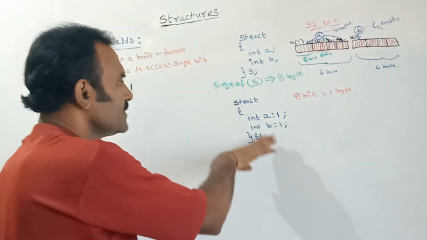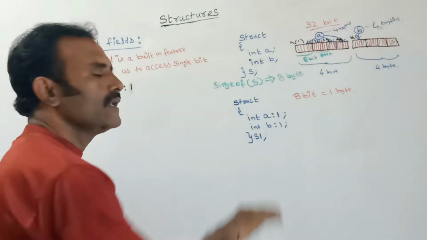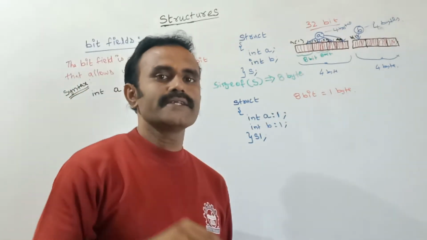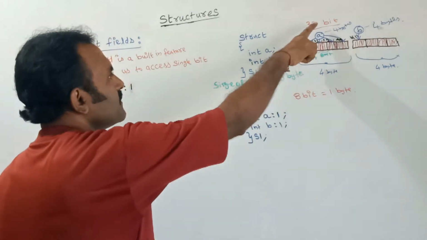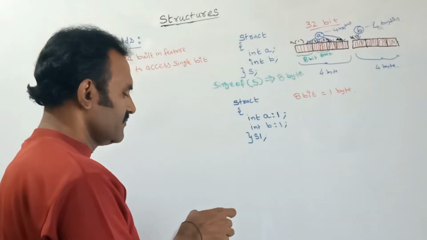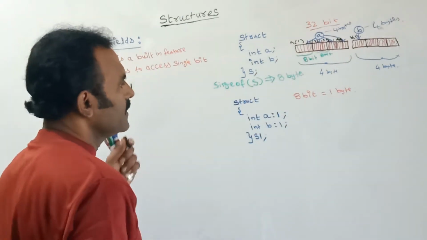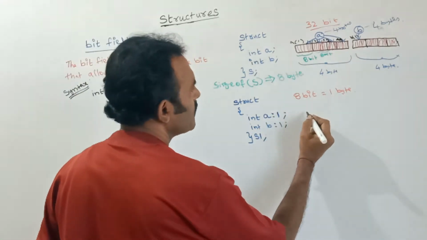So after declaring this, when the compiler allocates the memory, how will it allocate? For a 32-bit machine, each and every time it will allocate how much? 4 bytes.